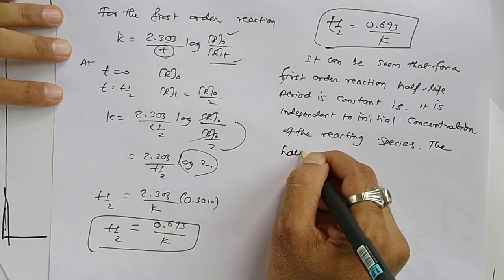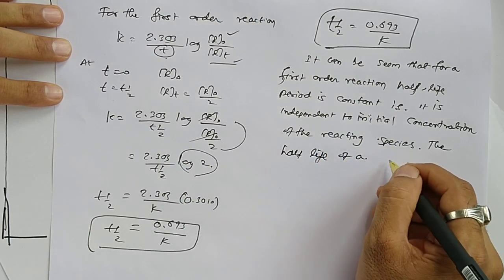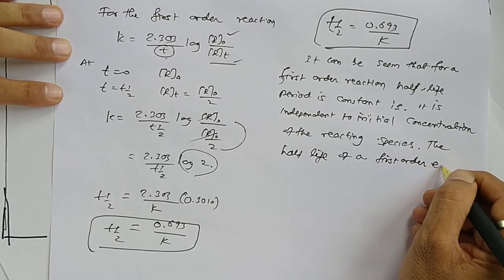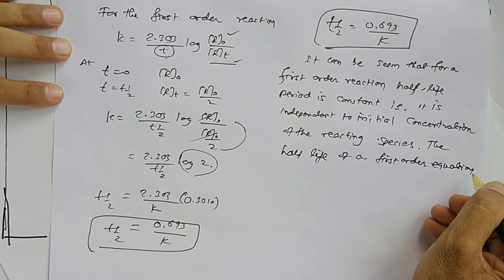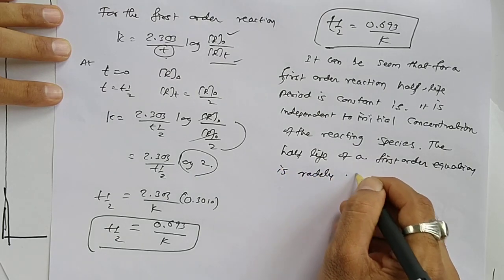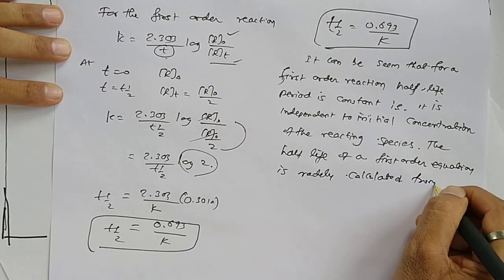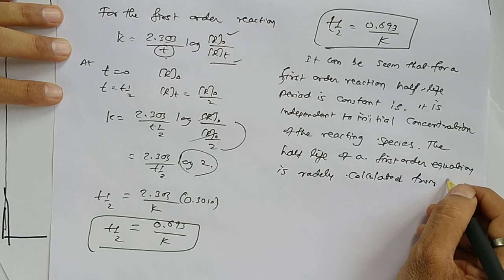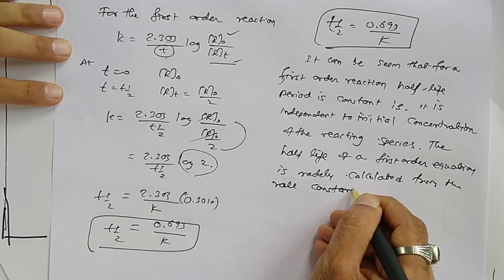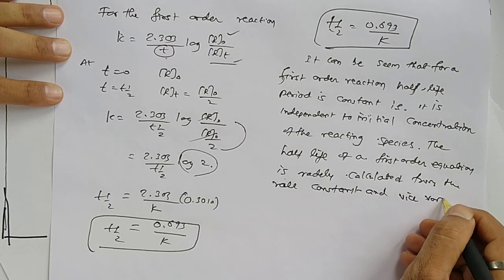The half-life of a first order equation is readily calculated from the rate constant and vice versa.